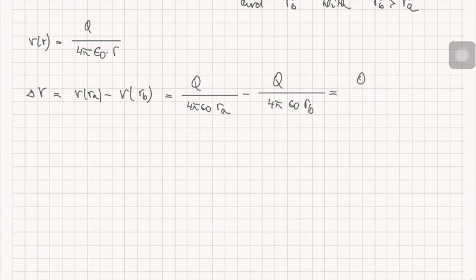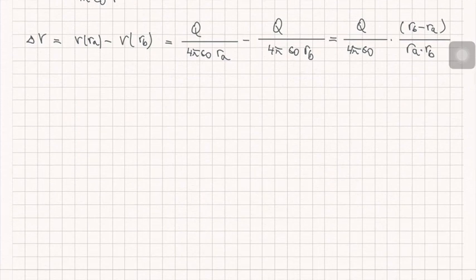Then we can rewrite this a little bit: the charge Q divided by 4 pi epsilon naught, times a geometrical ratio of the radii, RB minus RA, divided by the common denominator, which is RA times RB. And therefore the capacitance is easily obtained.